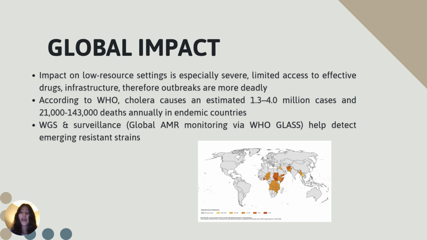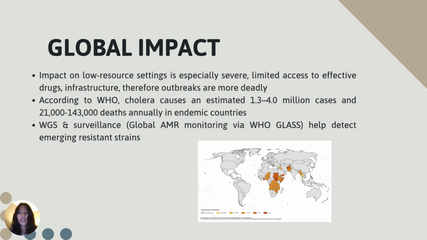The global impact has been major in low-resource settings. Limited access to clean water, healthcare, and effective antibiotics makes cholera more severe. According to the World Health Organization, cholera causes around 1.3 to 4 million cases per year and between 21,000 and 143,000 deaths in endemic countries.